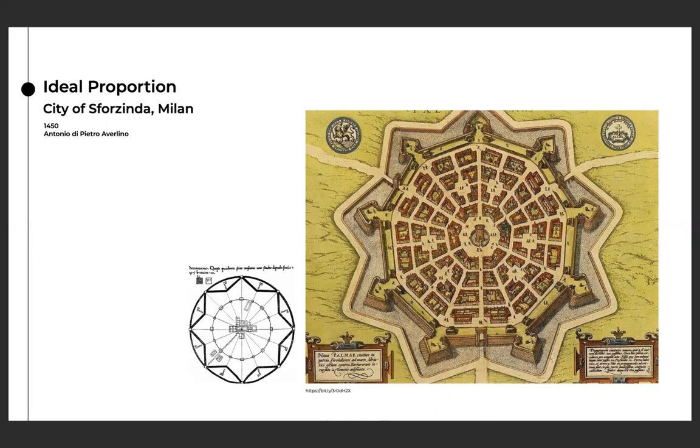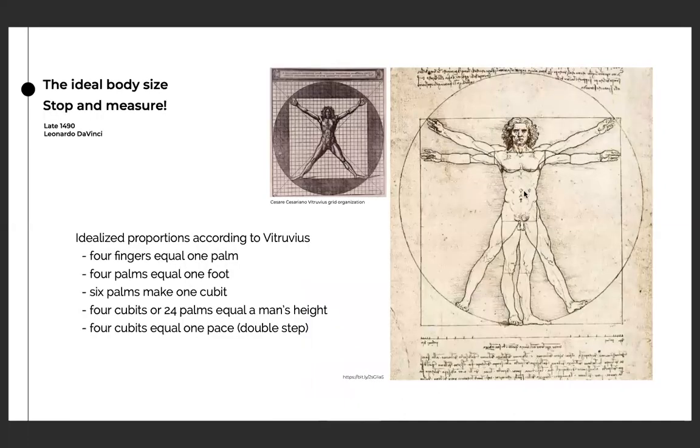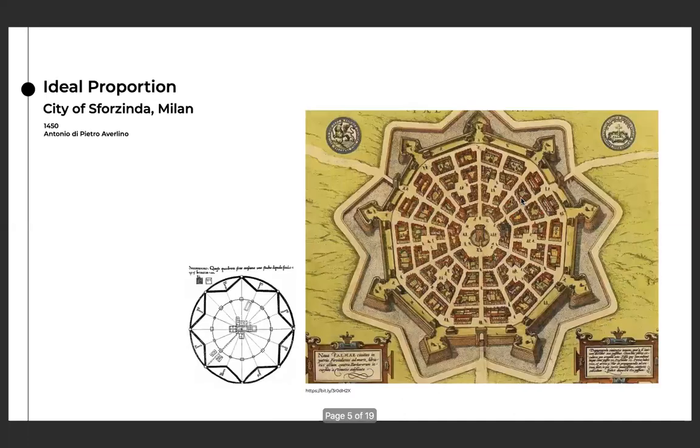The second square is duplicated and turned so that you have this kind of Lisa Simpson-like silhouette to it. And then in the middle of this circle is the center of the town, much like in the center of the Vitruvian Man, you have the navel. So here you have the center of town, and then it radiates out.